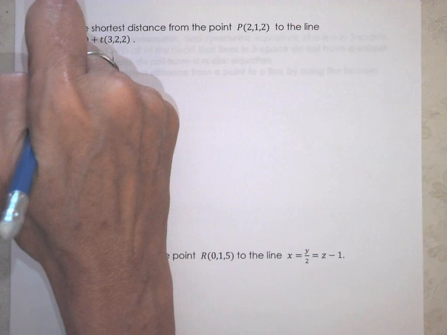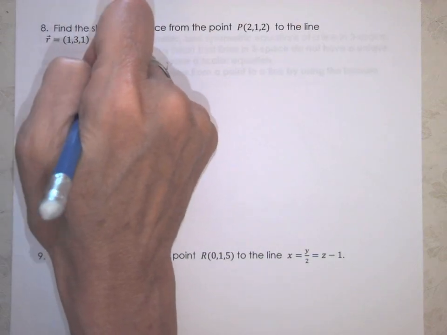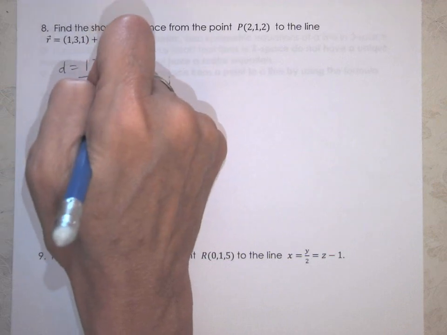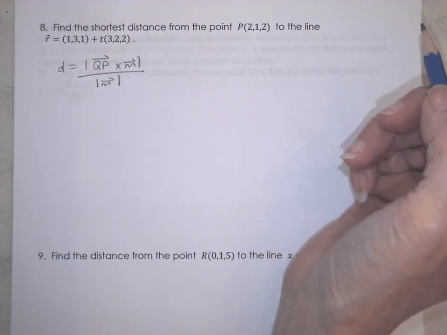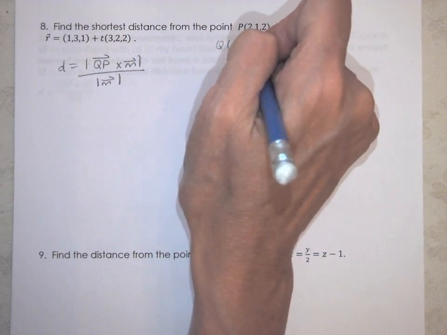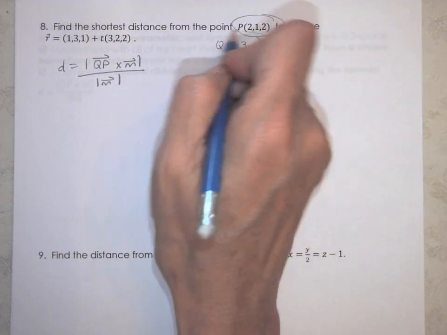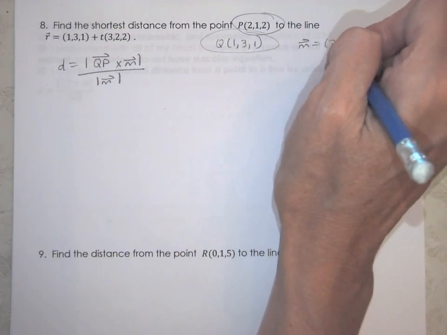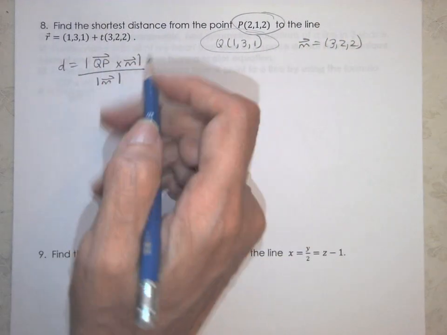So again, let's write our formula down. And then, Q is a point we know that's on the line. So Q is (1, 3, 1), P is (2, 1, 2), and m is the direction vector of the line. So we know all 3 things we need here.